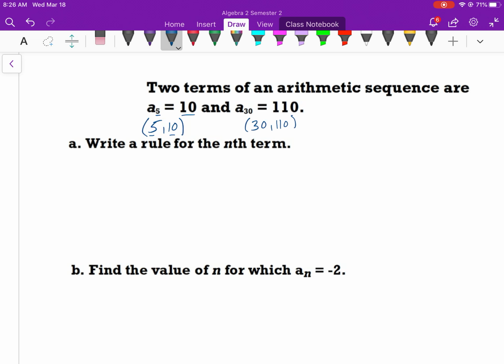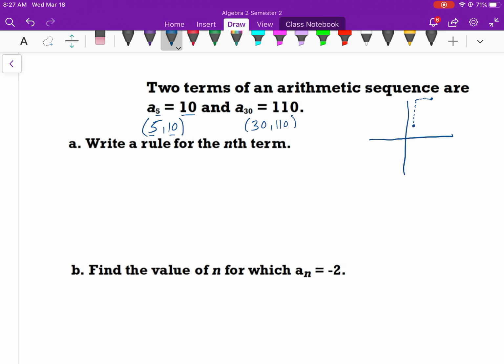And again, thinking about arithmetic sequences as linear, it's like I have a point (5, 10), (30, 110), and that common difference, the d, is just your slope.